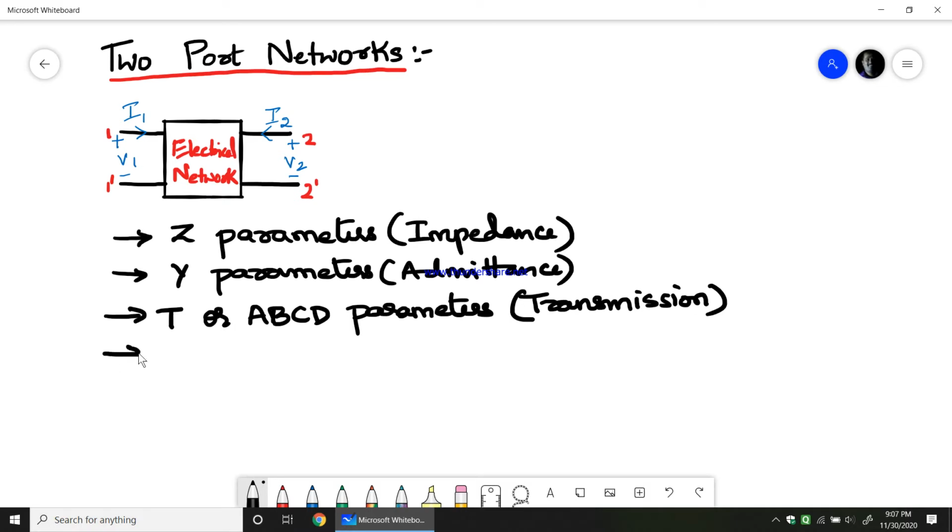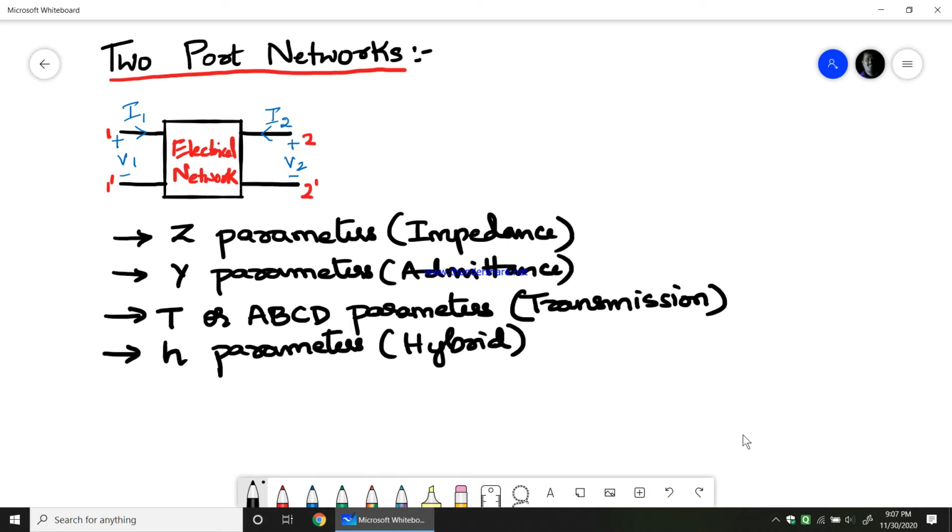Then the last one is H parameters, where H stands for hybrid. A mixture of both Z and Y is normally called H parameters.